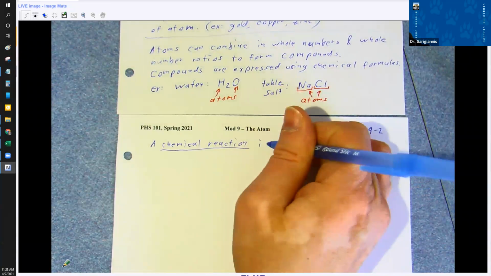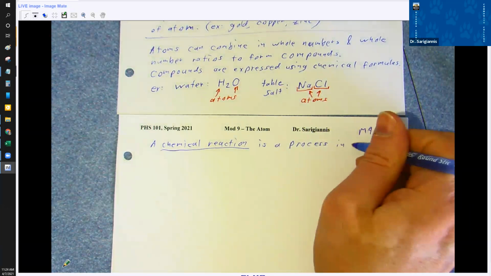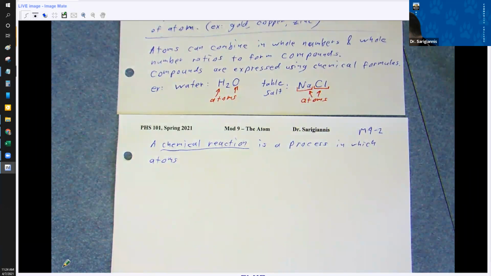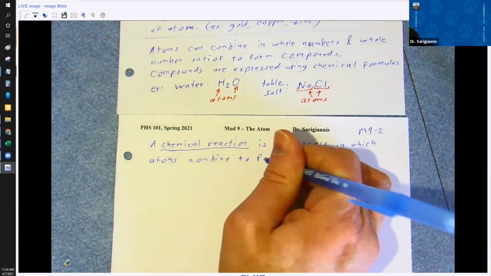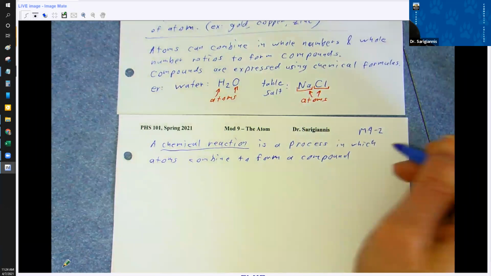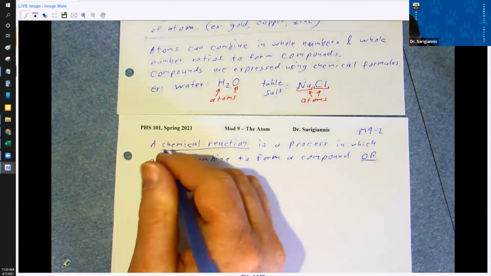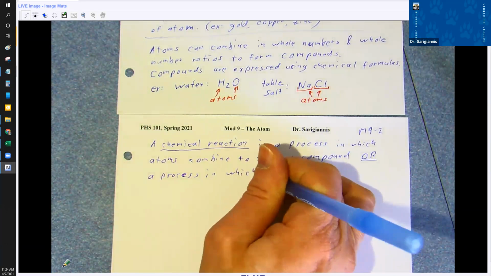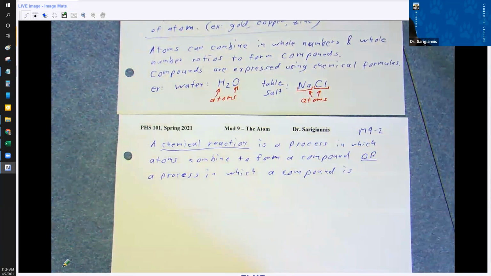A chemical reaction is a process in which atoms combine to form a compound, or a process in which a compound is broken apart.